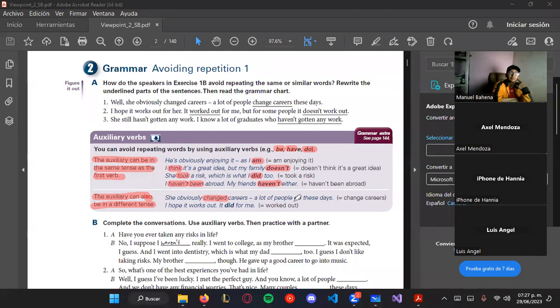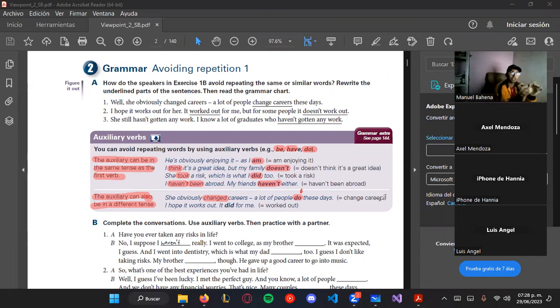Past. Past, right? And the other one, where it says a lot of people do these days, do. In which tense is this auxiliary do? Present. Present, right? Now they're completely different. Past and then present. We can do that as well, okay?